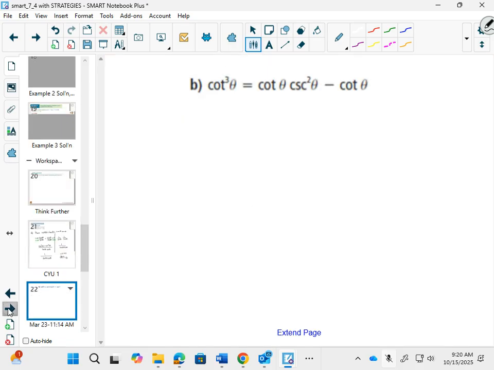Part B. Second proof. Okay. First of all, this one does look a little bit scary because it has something cubed.